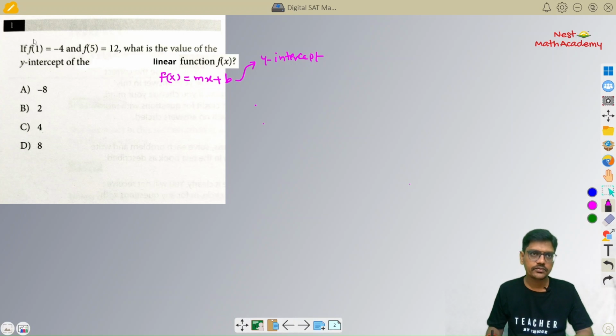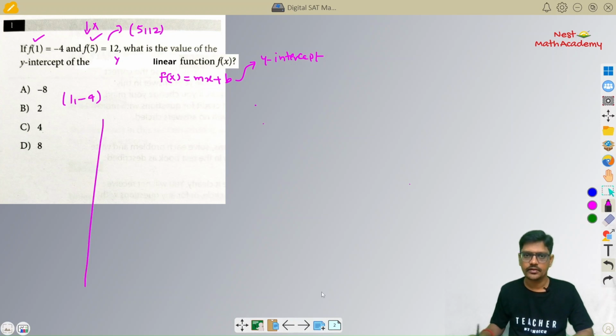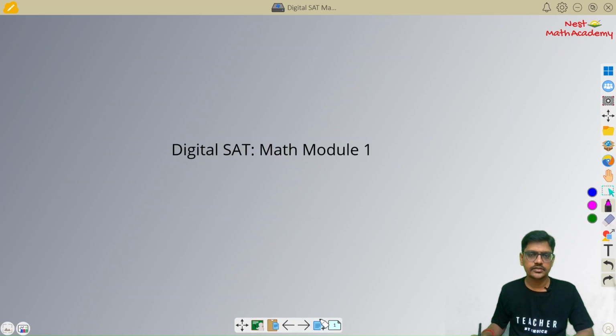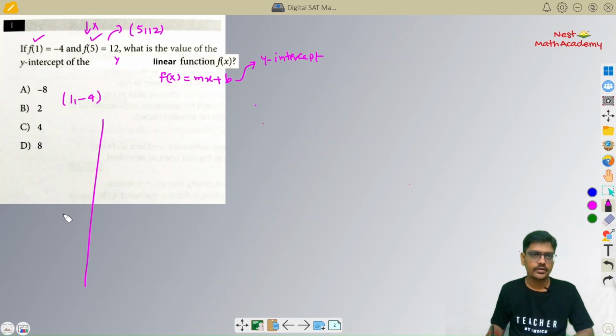First, let's try to plot these points. Given f of 1 is equal to -4, which means that 1 comma -4 is a point on the graph, and f of 5 is equal to 12, which means that 5 comma 12 is a point on the graph. This is the input value of x and this is the output value of y. Let's roughly plot that. Let's say this is the y-axis and this is the x-axis.